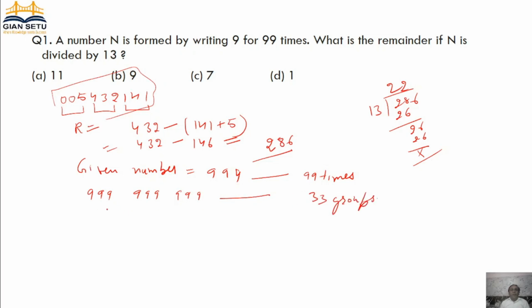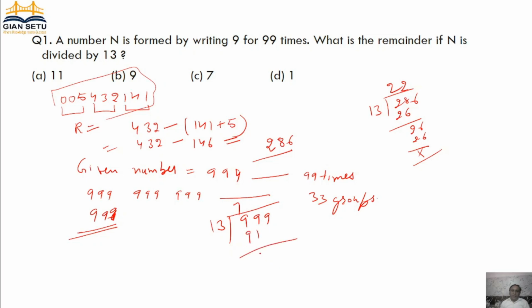Now if we add and subtract alternate groups, then we will be left with 999, right? Now if we divide 999 by 13, okay, let's see.